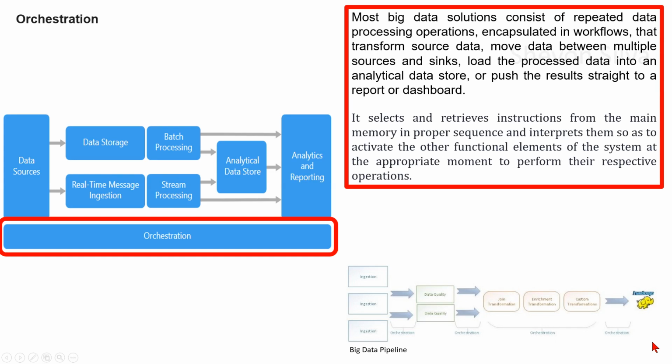The cross-cutting concern of orchestration could be designed following microservices architectural patterns. So here you can see from ingestion to data quality there's an orchestration, and from data quality to transformation there's an orchestration. In join transformation, enrichment transformation, custom transformation, and orchestration, and transformation to Hadoop is under orchestration.